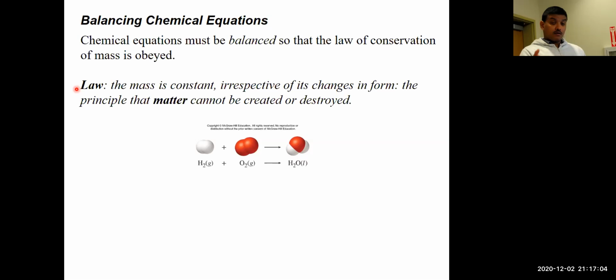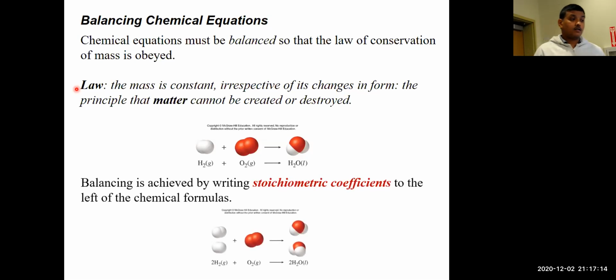You need to make sure that all the atoms were used up to produce the products, and you can see all of them on both sides. So we are going to spend some time on this topic. Balancing chemical reactions is achieved by writing stoichiometric coefficients.